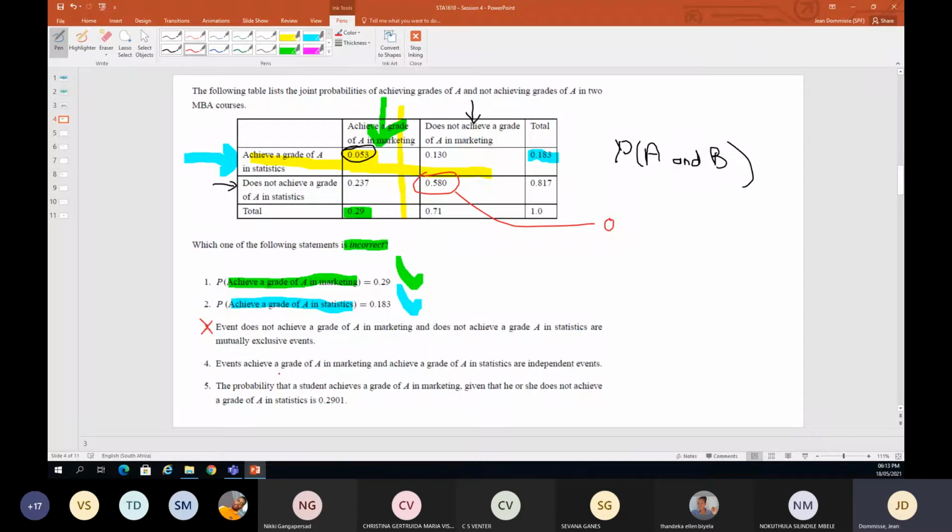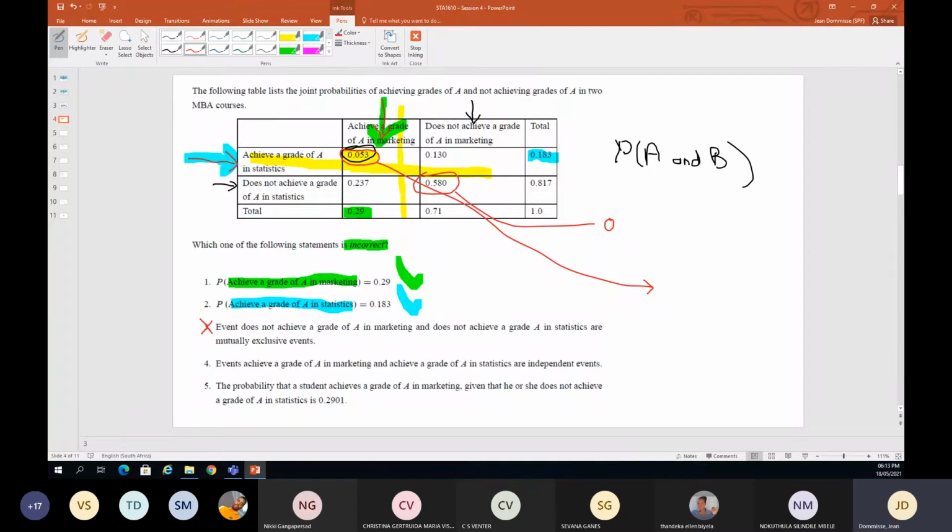Events achieve a grade of A in marketing and achieve a grade of A in statistics are independent. Okay, so when is something independent? So what do you guys think?